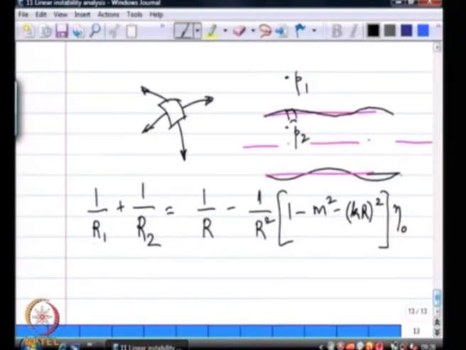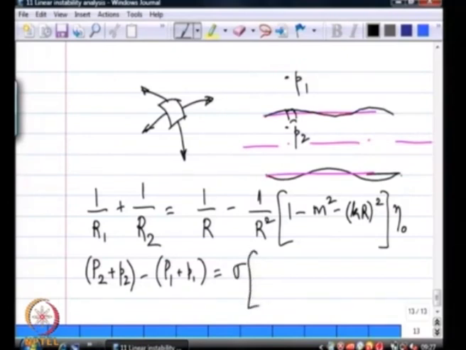Okay. So, if I write the complete equation, the total pressure in fluid 2 minus the total pressure in fluid 1 has to equal sigma times 1 over R1 plus 1 over R2.